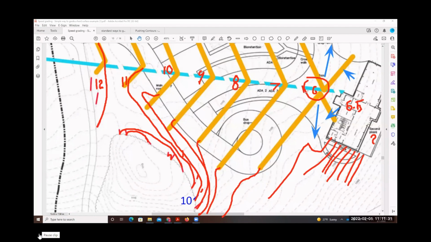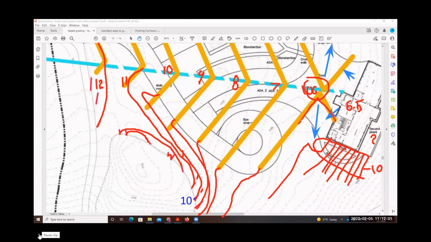Because this is actually a 100 and 0. It's actually an 1100 and 0, but that's not the point right now. Down here, we have to be 10 feet below. So there need to be 10 of these contours, including this one up here, that hit the building in order to get 10 feet below.